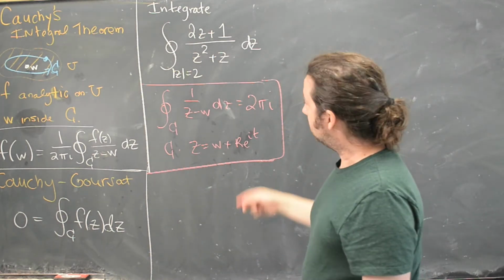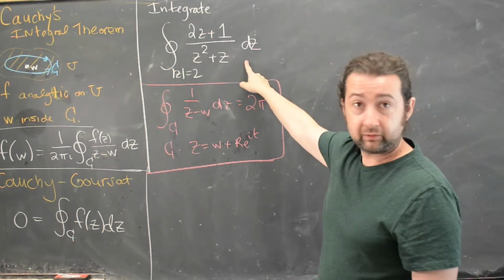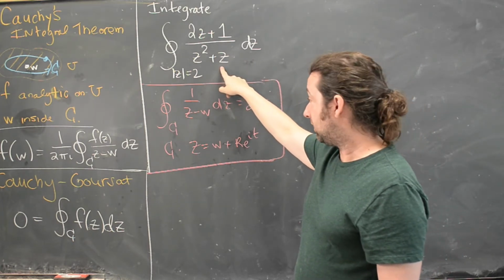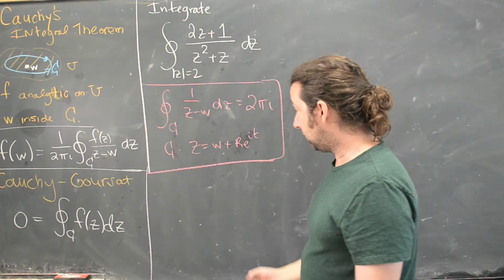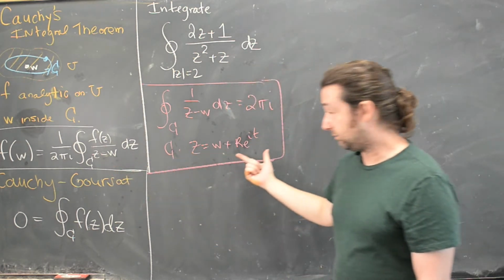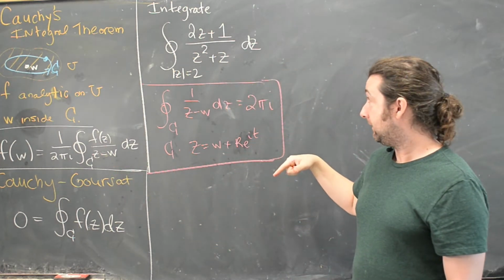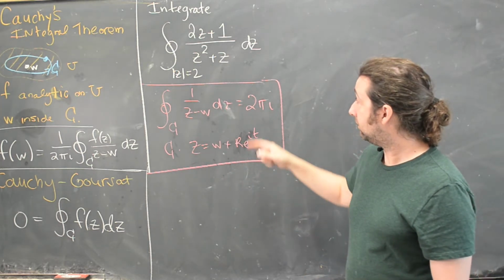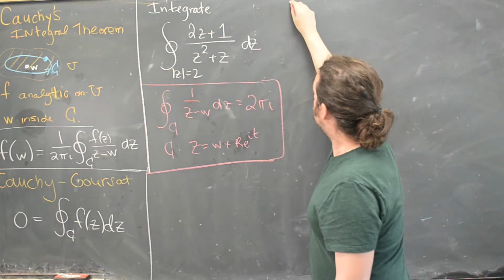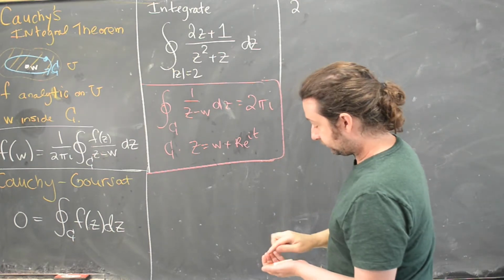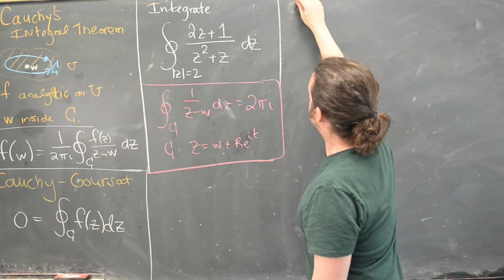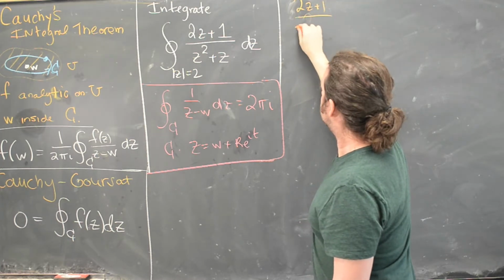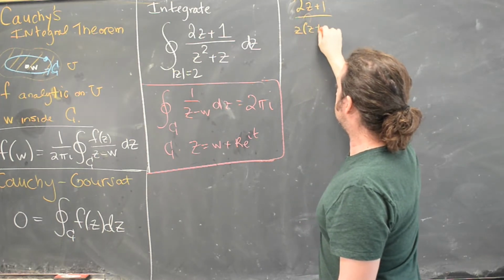So the idea is that I want to be able to do some sort of clever rearrangement of this function so that I can apply Cauchy's integral theorem to it, to be able to say this, which is really just a beefed up version of this example. In an earlier example with a smaller contour, what we did was we can think about the function 2z plus 1 over z times z plus 1.